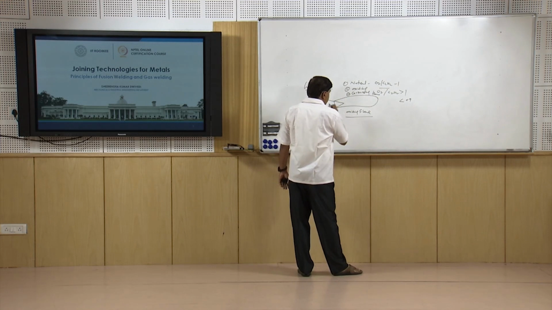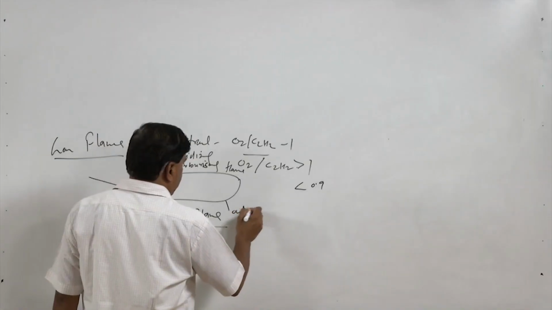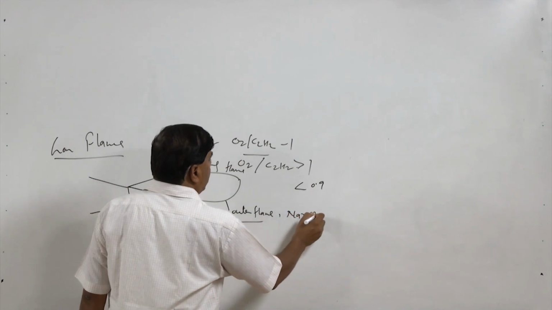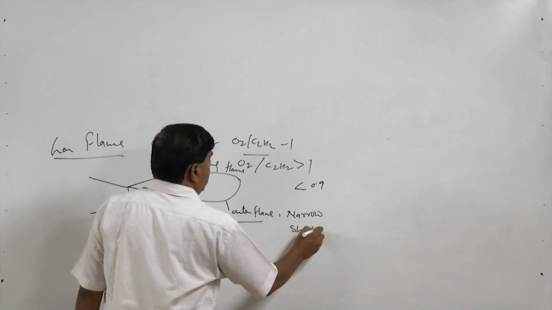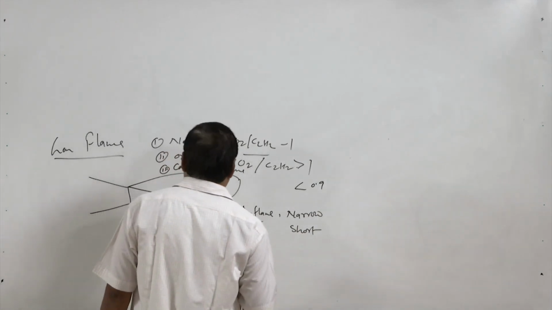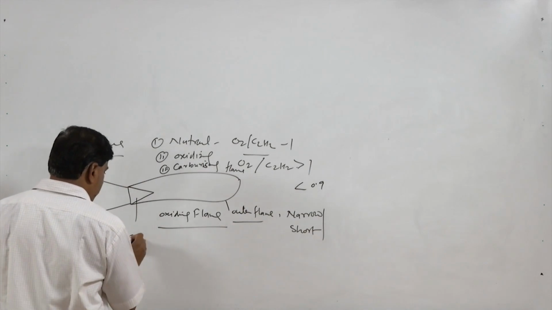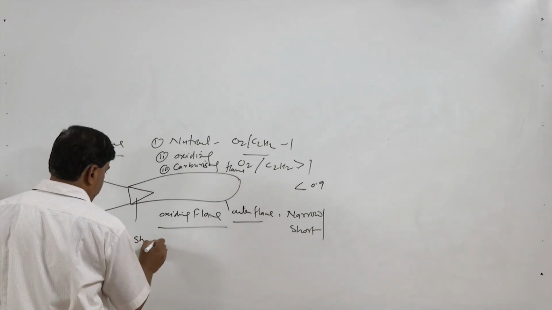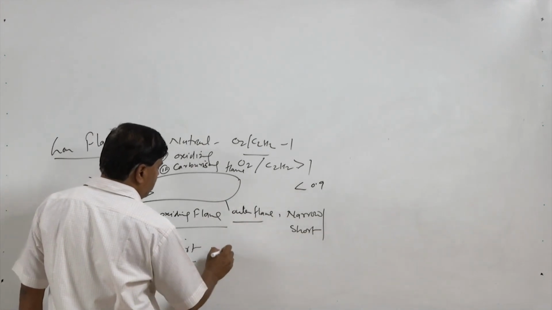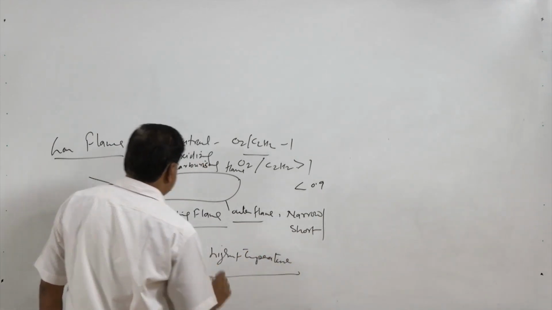In the oxidizing flame, the outer flame is narrow and short as compared to the neutral and carburizing flames, and it is very sharp and short. Sometimes the highest temperature is observed in the case of the oxidizing flame.